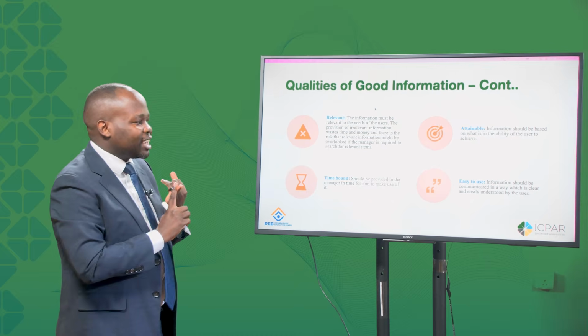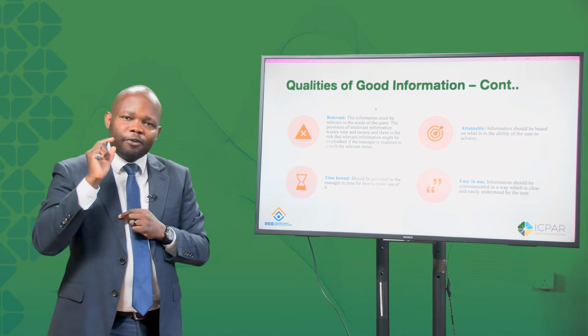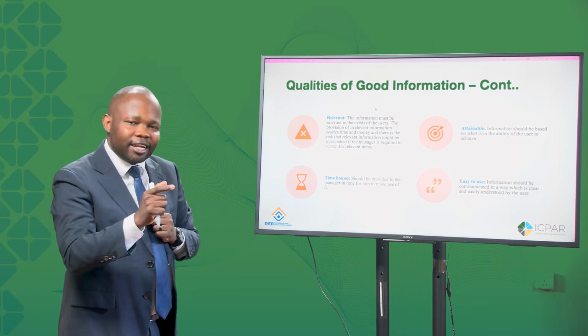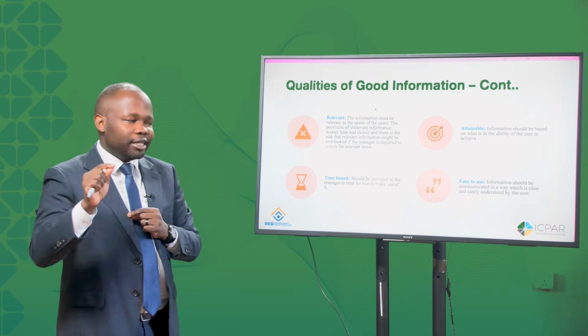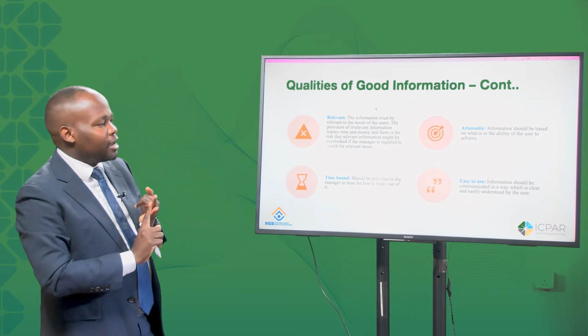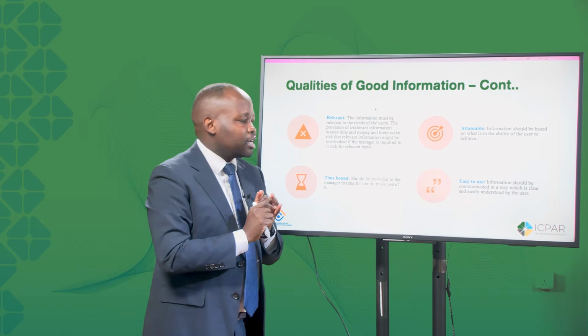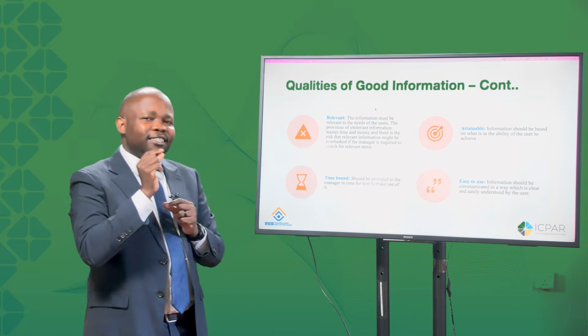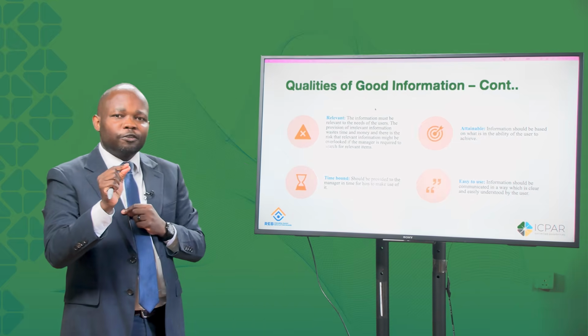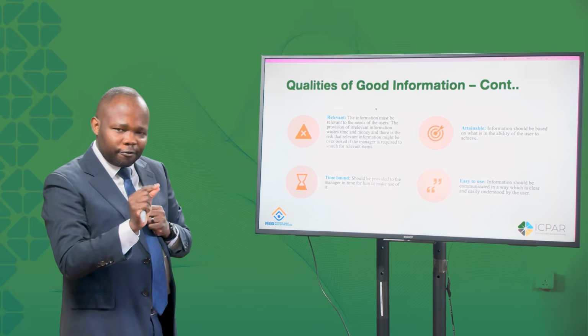Information should be time-bound. In other words, information should be provided before a decision is made. And finally, information should be easy to use. So there is a certain acronym we use for these qualities of good information.